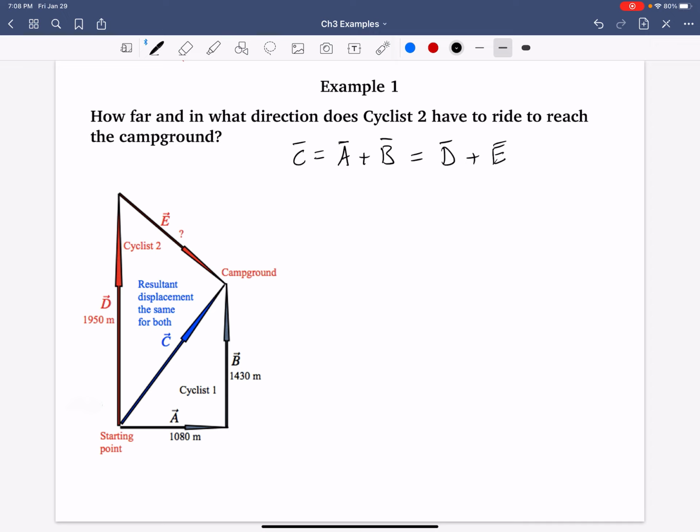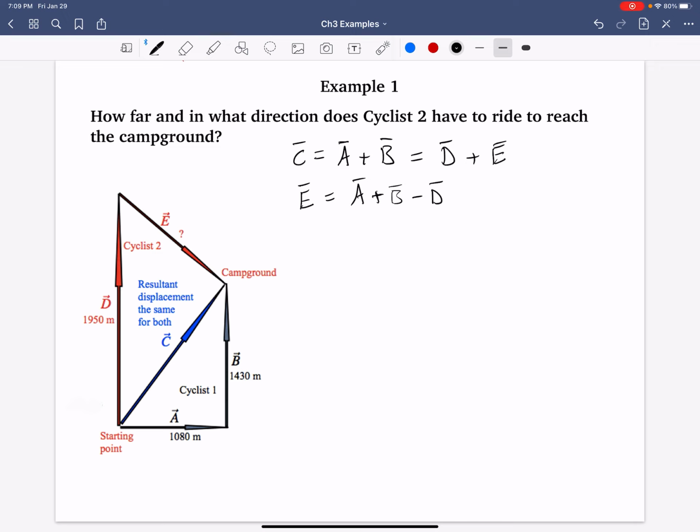We don't immediately know numbers for C. We do know them for A, B, and D. So since we're trying to find everything we can about vector E, let's just keep it in terms of A, B, and D. What I mean is, let's solve this statement for E. And so this is what we have now, purely in vector form.